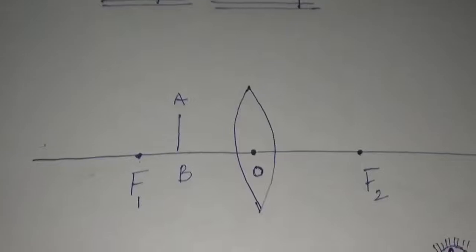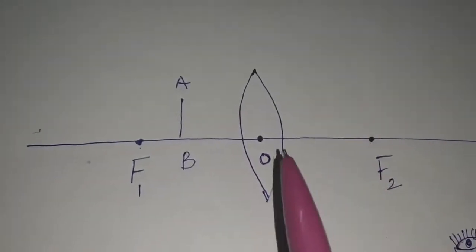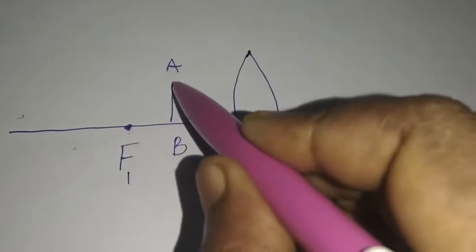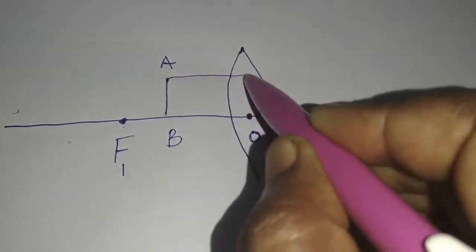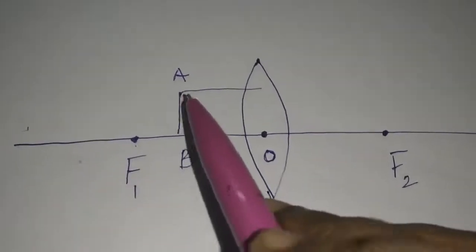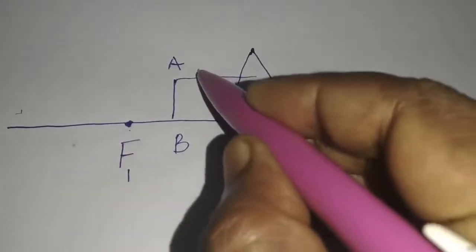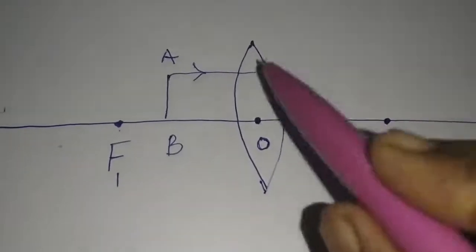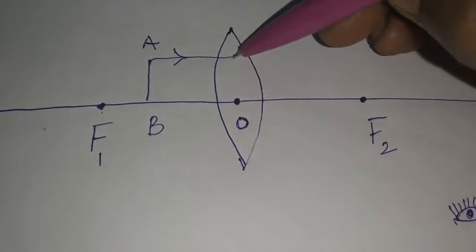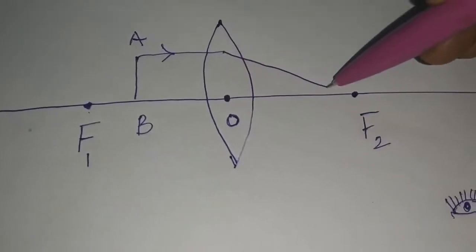You know that you have to follow two rules for image formation. Our first rule: the ray which is parallel to the principal axis, this line is known as the principal axis, after refraction will go through the principal focus.